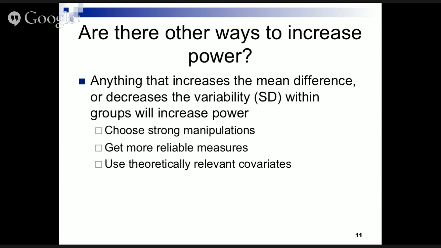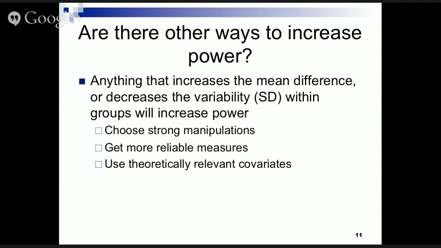There's generally more than one way to manipulate any construct, and some manipulations are stronger than others. A good way to look at this is to look at meta-analyses, at previous studies that have used different manipulations. If you're working in an area with a lot of previous research, you probably have an idea of which manipulations are stronger than others.